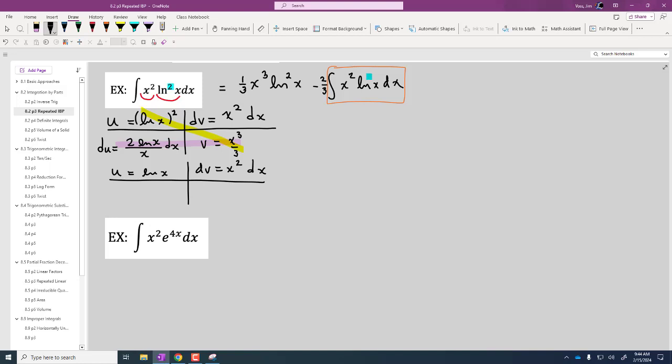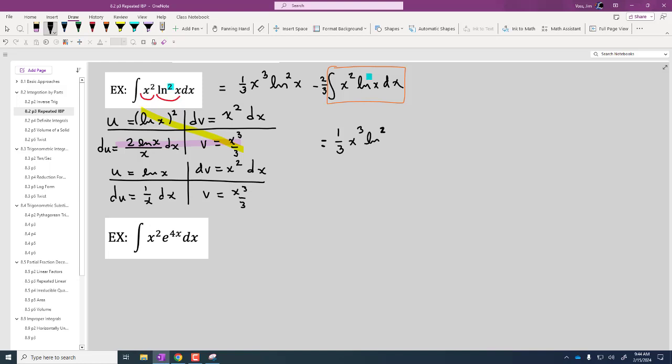Zach, did I answer your question? Okay. So when we go to do our setup here, we just have to remember that we have to distribute that 2/3. It's no big deal. You have to have a little foresight to see, why don't I just leave it inside? So you can leave it inside, you can move it outside, it doesn't matter.